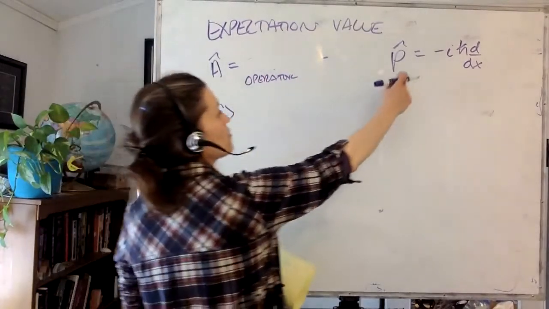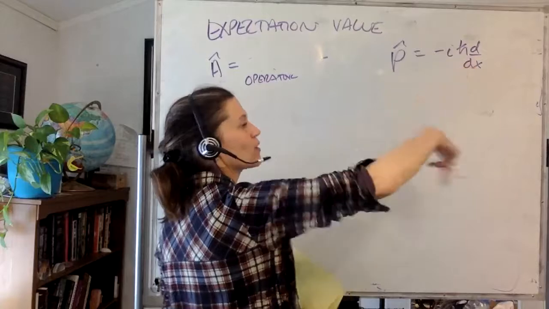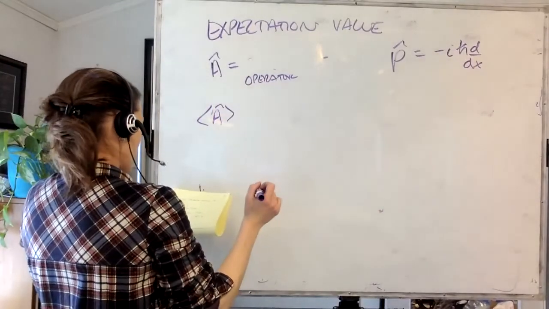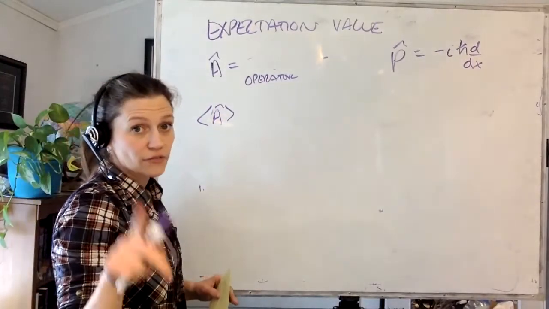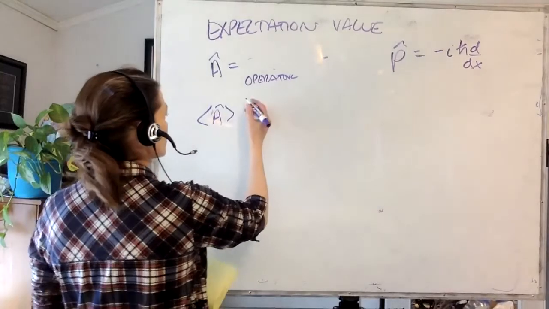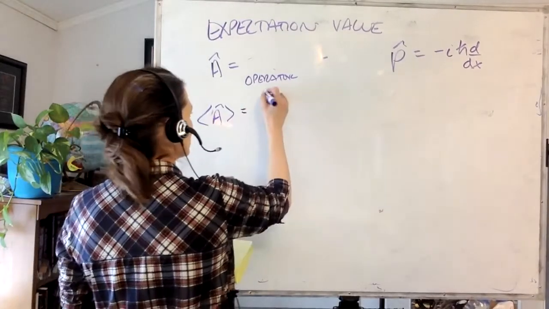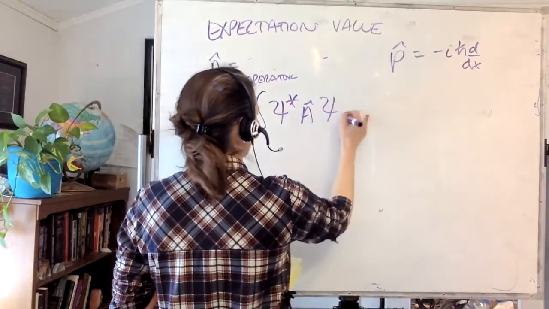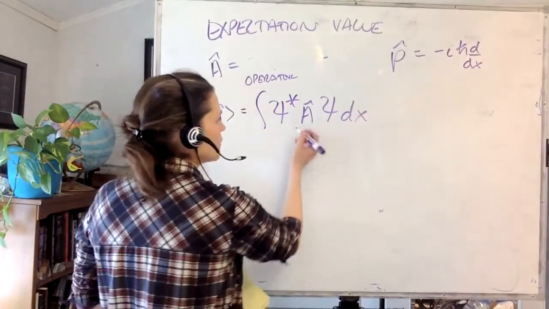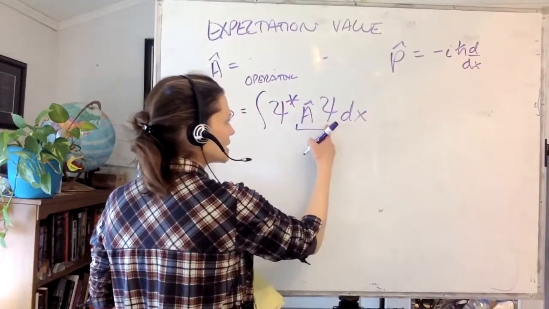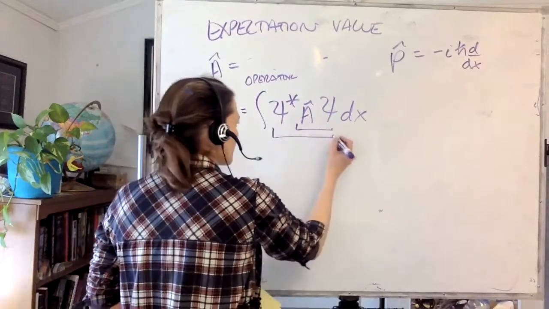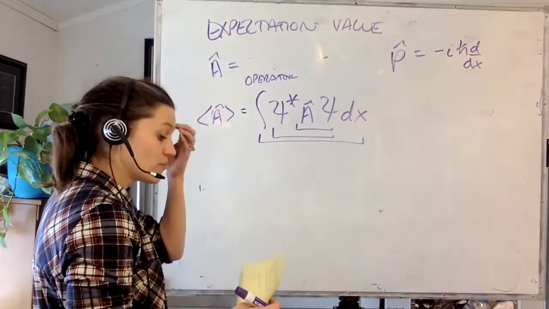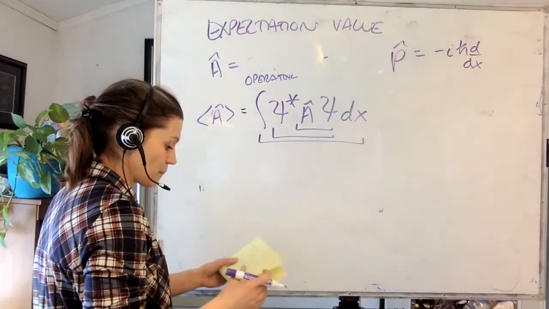The observable would be the momentum. P hat is the operator related to the momentum. The expectation value is only valid for a normalized wave function. So it equals the integral of psi star A hat psi dx. A hat operates on psi, then you multiply by psi star, then take the integral, and that gives you the expectation value.